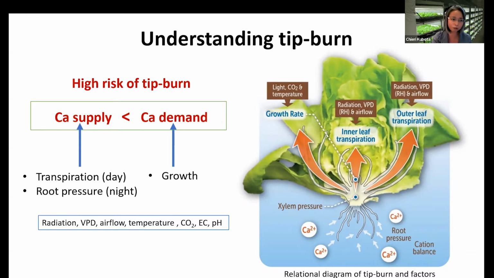You think the growth rate is reduced, but if the supply side, transpiration, is not enough, then you still see tip burn. Or your condition is driving good transpiration, but if the growth rate is more than what the supply can meet, on the demand side, then you get tip burn. So you need to understand both to understand and manage tip burn.